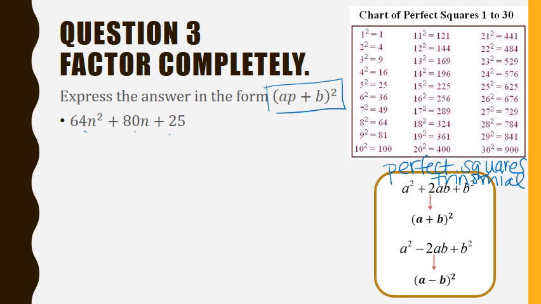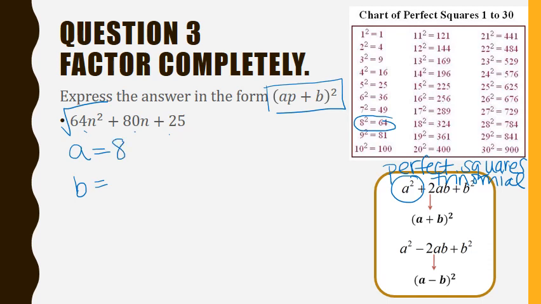Okay, now I want to find that a squared. I want to know, well, what is just a? Remember, we're just trying to find what a is, and we're just trying to find what b is. So we take the square root of that first term to find a. Well, 64, if I look over here, 64 matches up with 8 squared, so the square root of 64 is 8.